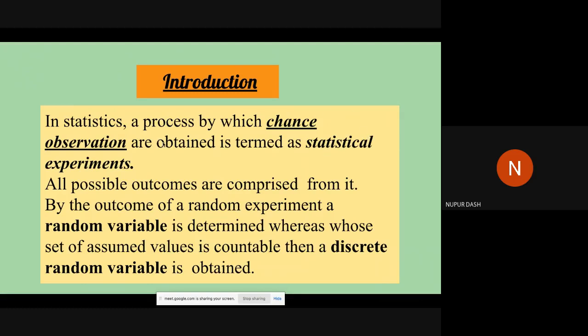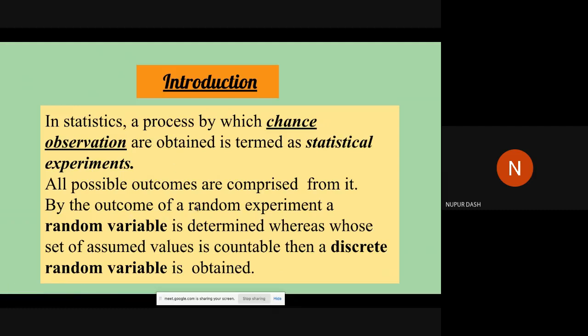Students, in statistics, there is a process by which we get chance observations, and this process is termed a statistical experiment. During this experiment, we get all the possible outcomes which can arise, and we comprise them in the form of a list or a table.